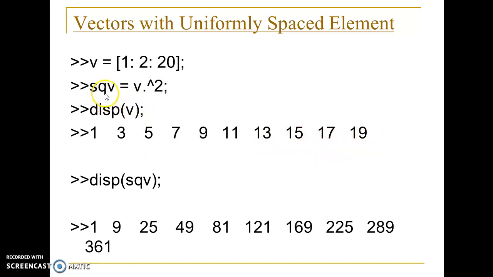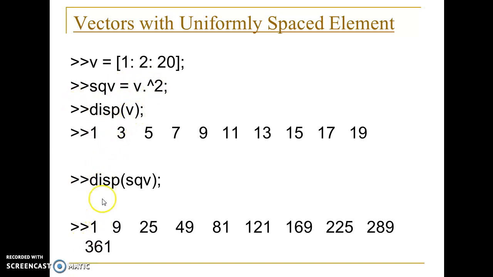Next, we are writing square is equal to V dot raised to 2. So we are doing multiplication of V into V in short, or it is nothing but the exponent of 2.